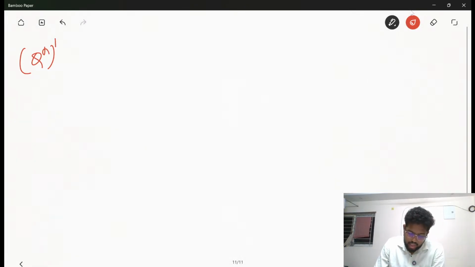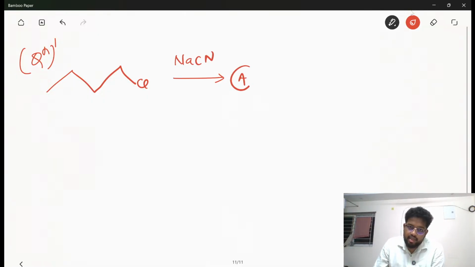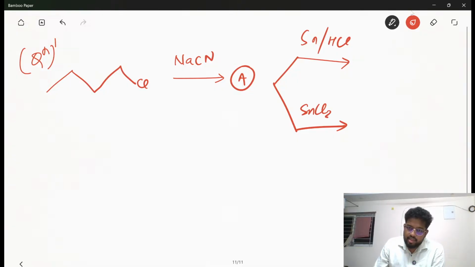See, I have a starting material, a 4 carbon chloride. I am treating it with NaCN. We obtain A. This A reacts with both the reagents I am telling you. One is Sn/HCl, Stephen's reaction has two reagents, and SnCl2/HCl in presence of hydrolysis.